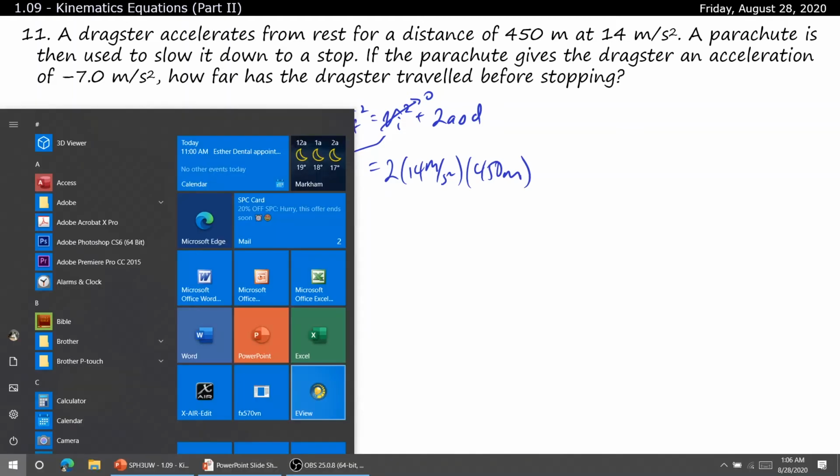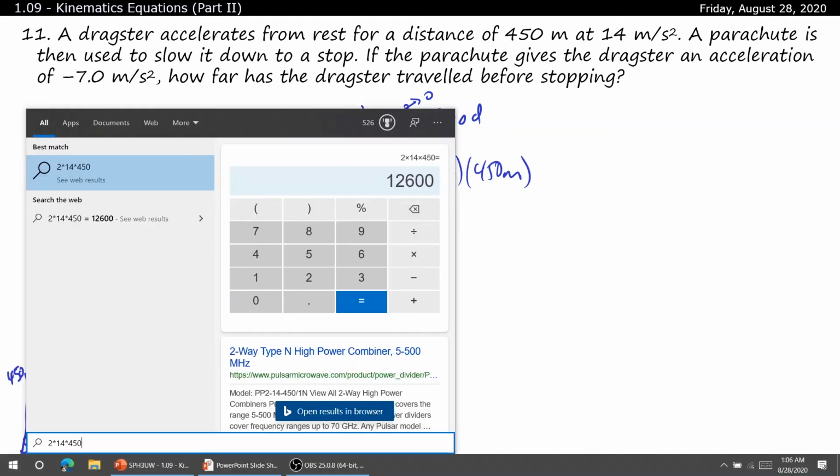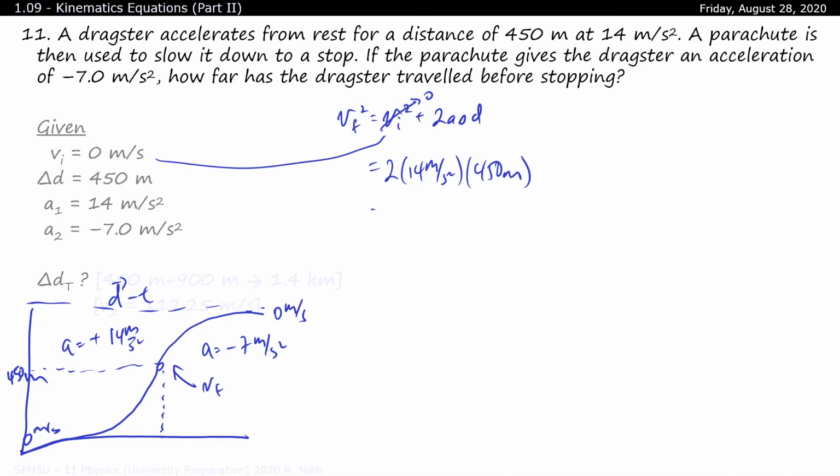Pull out our calculator, and we get 12600 meters per second, and that's meters squared per second squared because I haven't square rooted that yet. That gives you 112.250 meters per second. All right, again, that final velocity becomes the brand new initial velocity for our second segment.